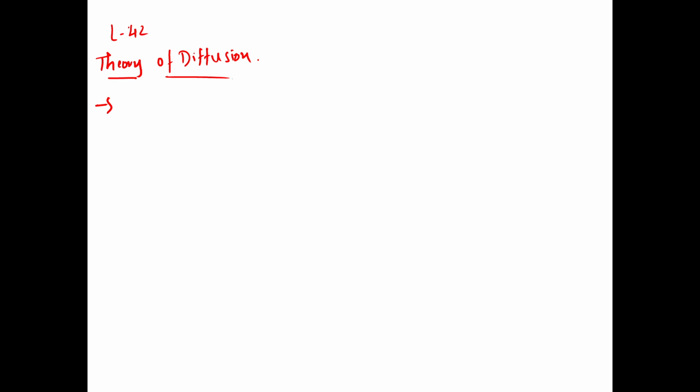So interdiffusivity values will be there. Though those are, first, self diffusivity, and second, impurity diffusivity, impurity diffusion coefficients.